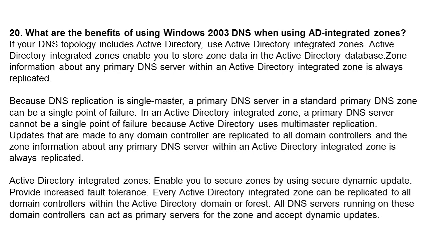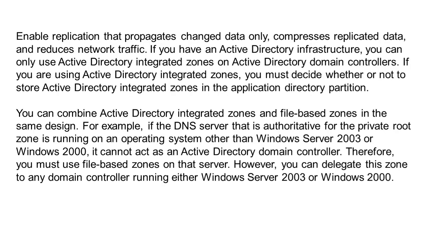Every Active Directory integrated zone can be replicated to all domain controllers within the Active Directory domain or forest. All DNS servers running on these domain controllers can act as primary servers for the zone and accept dynamic updates. They enable replication that propagates changed data only, compresses replicated data, and reduces network traffic.